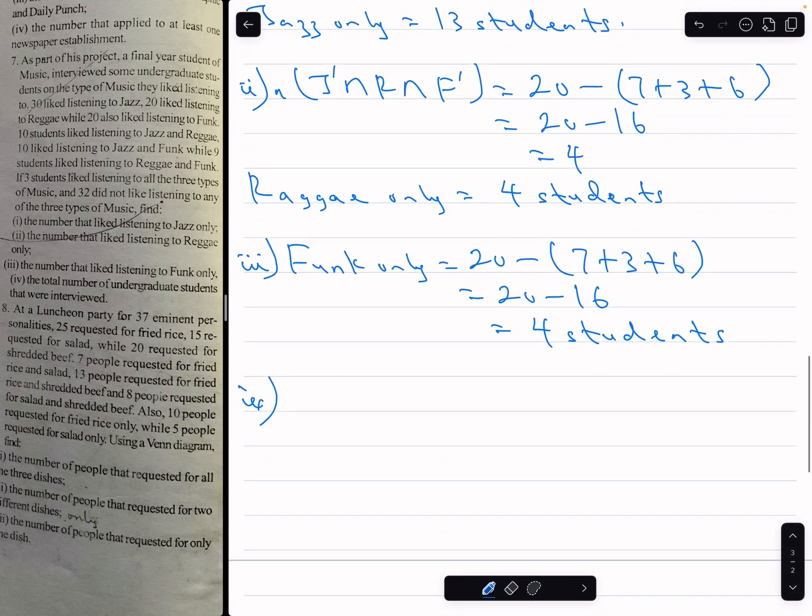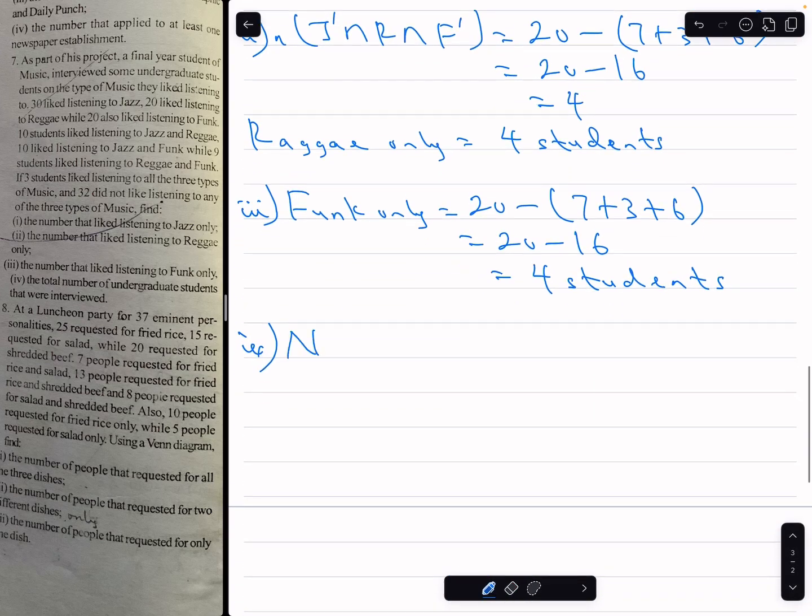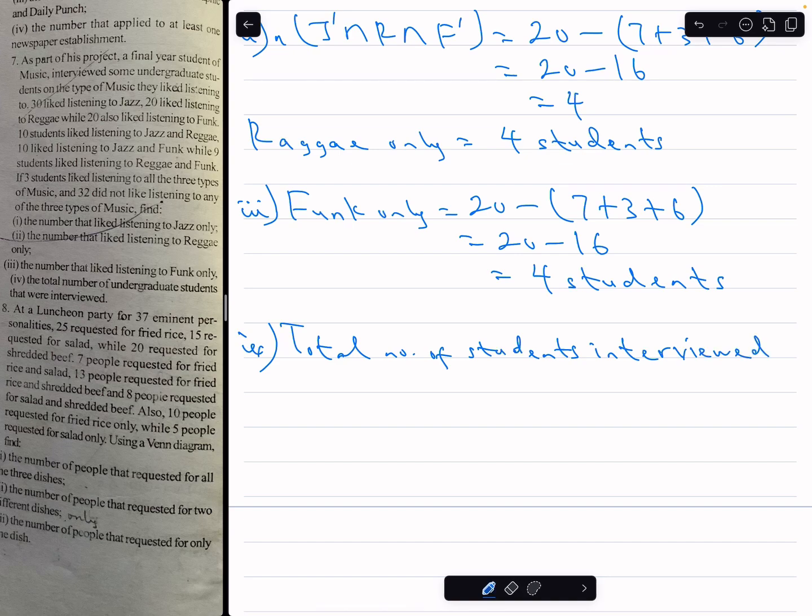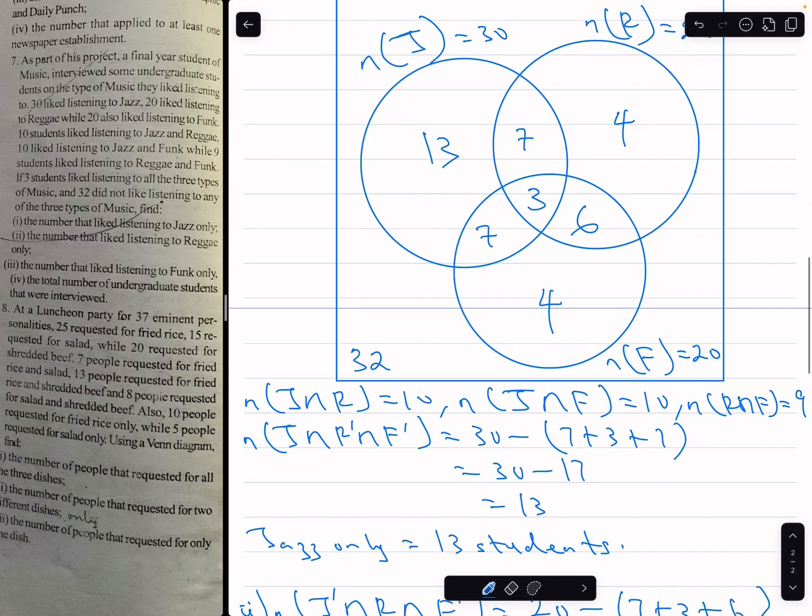So that's simply total number of students interviewed. Total number of students interviewed will be equal to 13 plus 7 plus 3 plus 7.